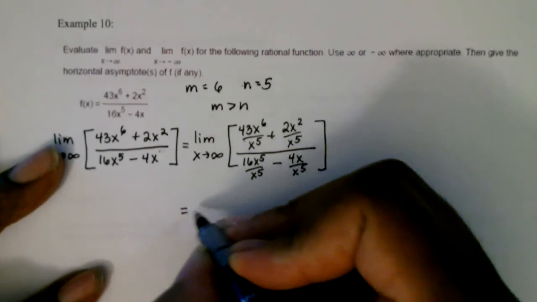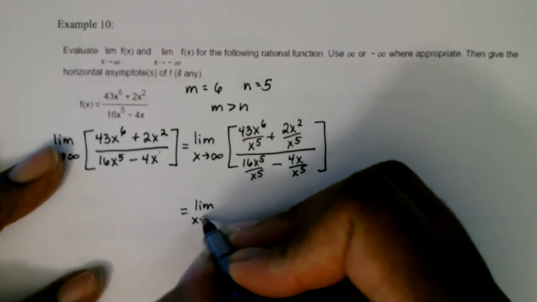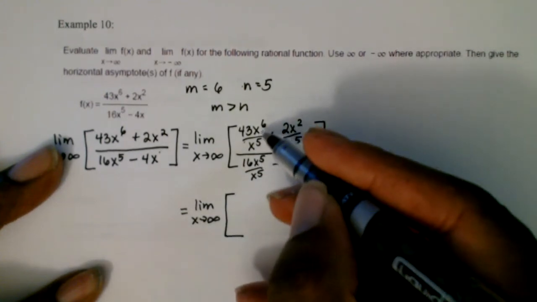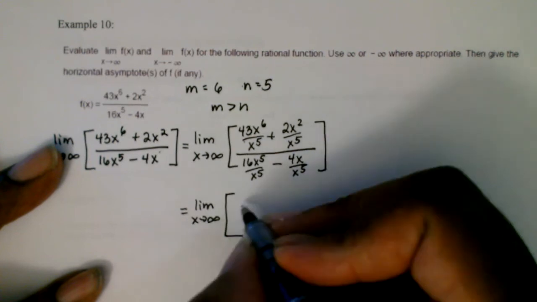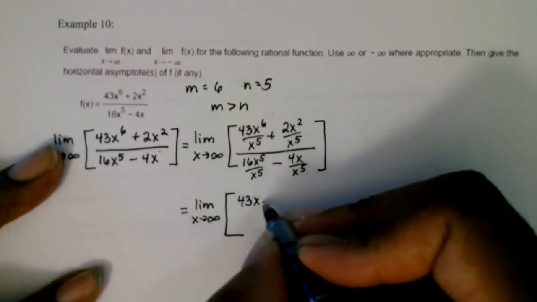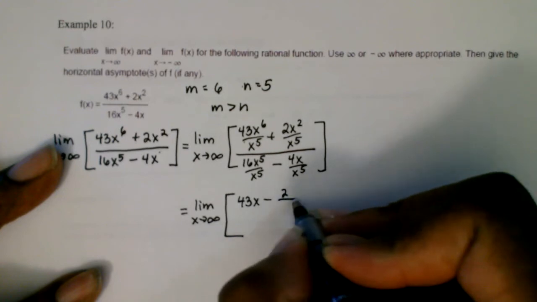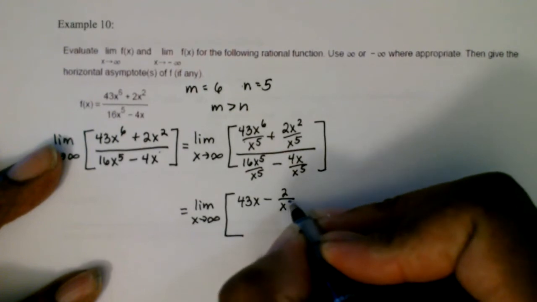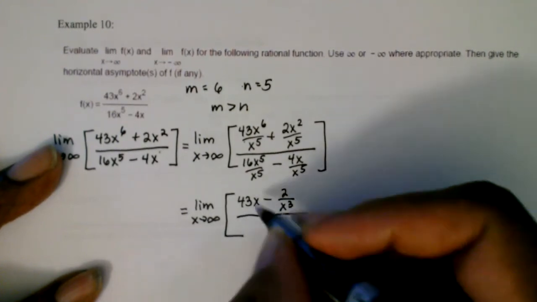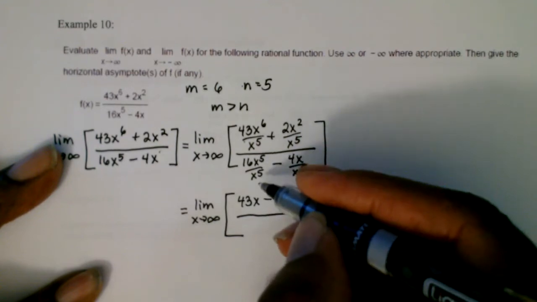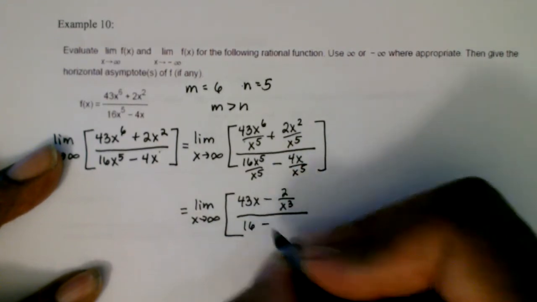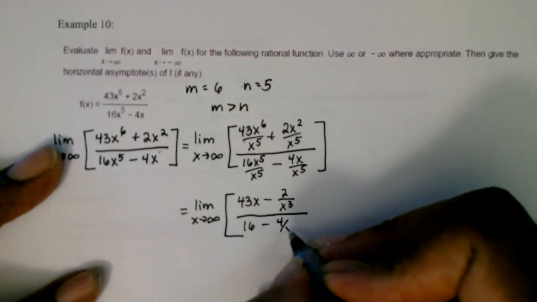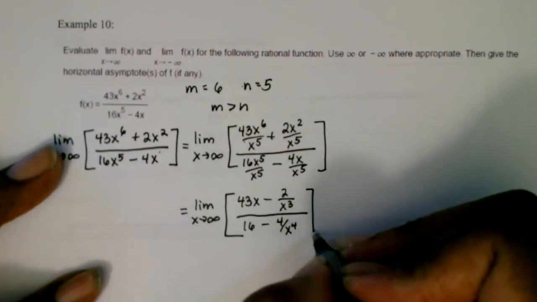Now let's simplify this. x to the 6 divided by x to the 5th is x, so I'm going to have 43x plus 2. If I divide x squared by x to the 5th, I'll have an x cubed in the denominator. Over 16x to the 5th divided by x to the 5th, that's 16, minus 4x divided by x to the 5th. I'll have a 4 in the numerator, but x to the 4th in the denominator.